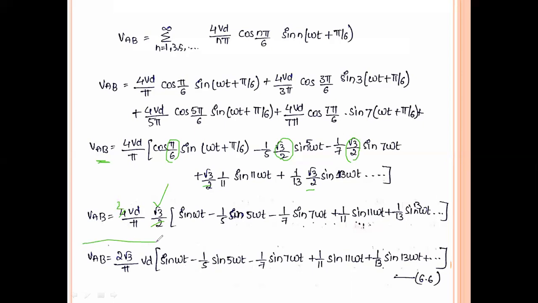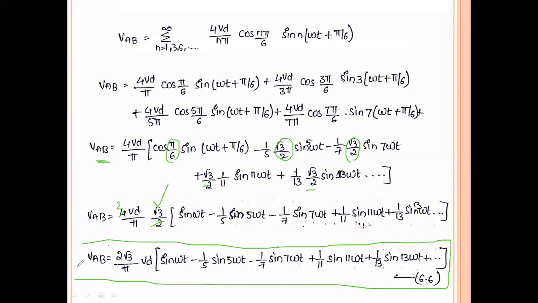And the final expression of line to line voltage, using that Fourier analysis, we will get VAB. Remember, this is for only AB phases, so the line to line voltage of AB.